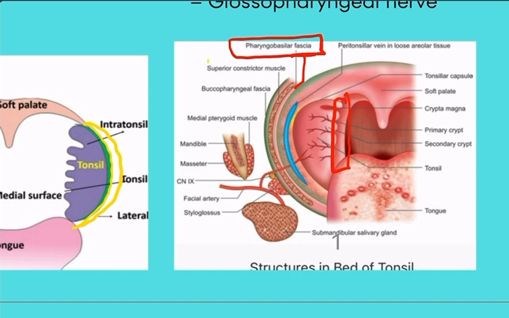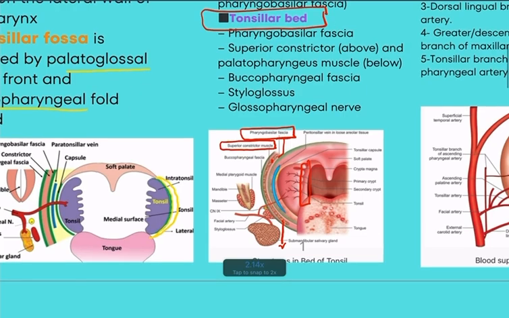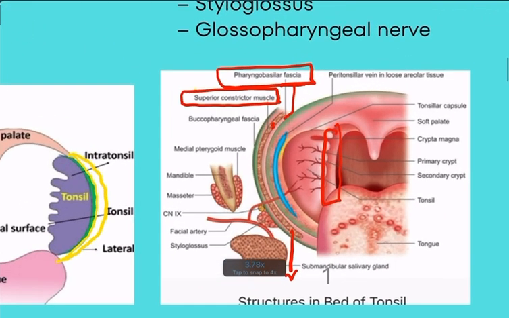Just lateral to this fascia, we have the superior constrictor muscle, forming the superior part, and the inferior part, not appearing in this diagram, is formed by the palatopharyngeal muscle. Just lateral to this muscle, there is another fascia called the buccopharyngeal fascia.